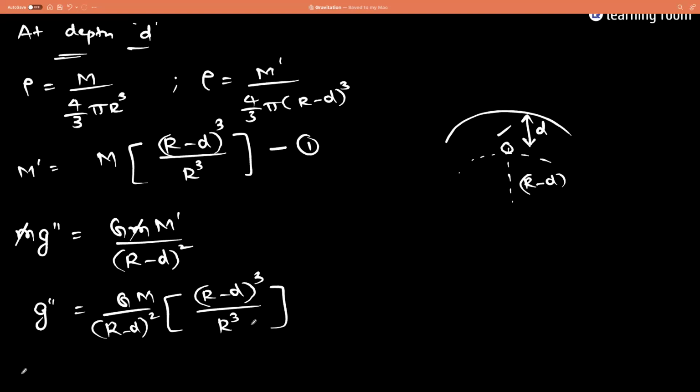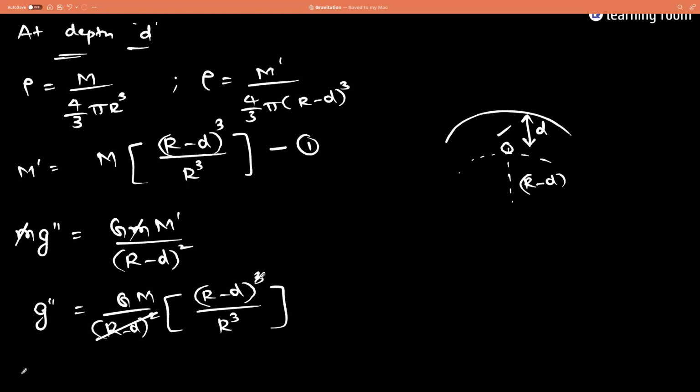Now what should I do? Cancel r minus d whole square and the cube.